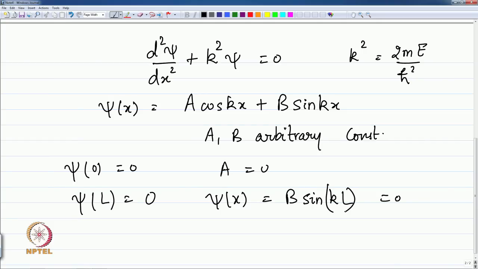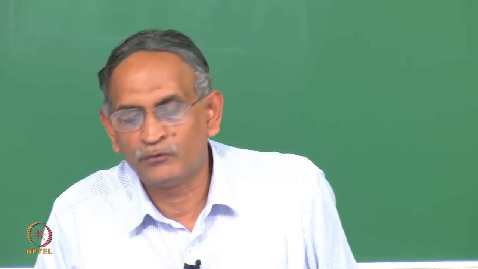We do not want b to be 0, because if a and b are 0, that is a trivial solution for any such differential equation, and does not give you anything of interest. There is no interpretation.